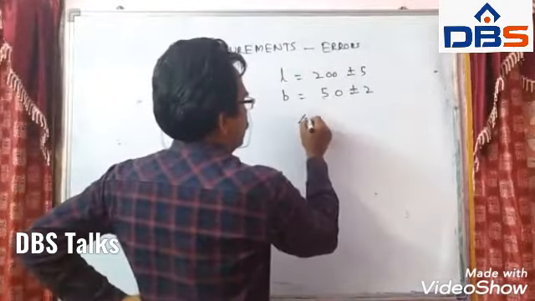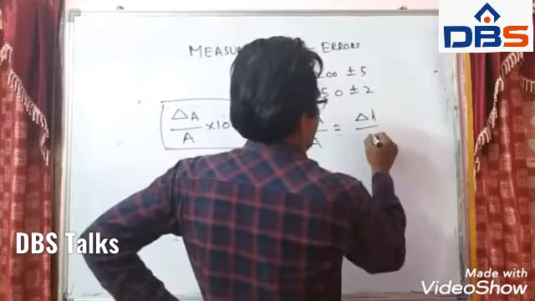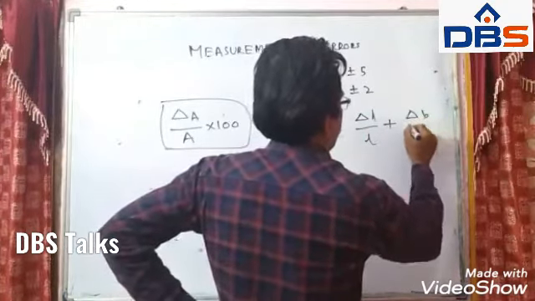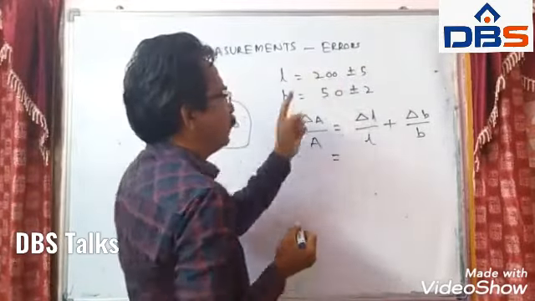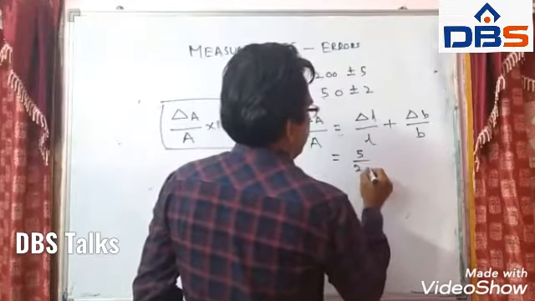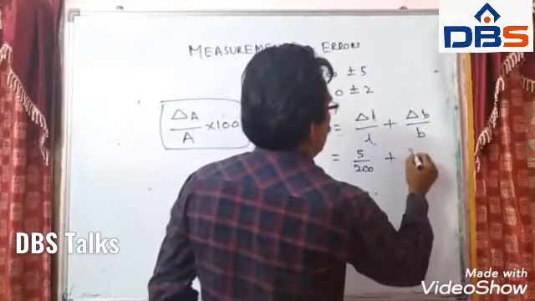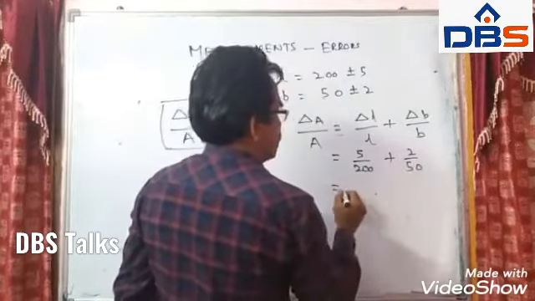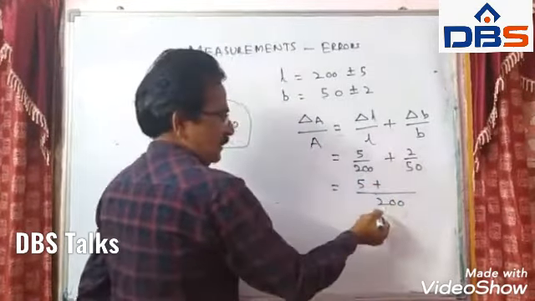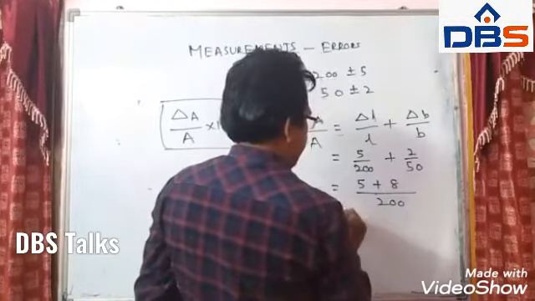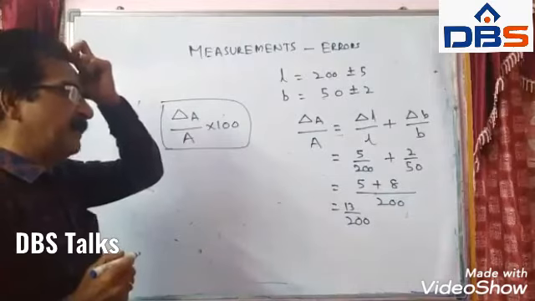We know delta A by A is equal to delta L by L plus delta B by B. This is equal to delta L 5 by L 200, 5 by 200, plus delta B 2 by 50, that is equal to, with 200 as LCM, 5 plus 4 times 2 is 8, 13 by 200. This is delta A by A.